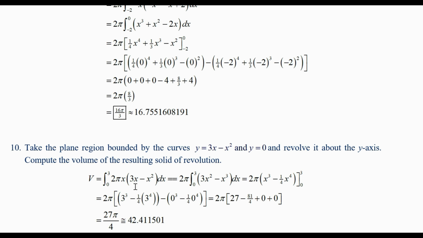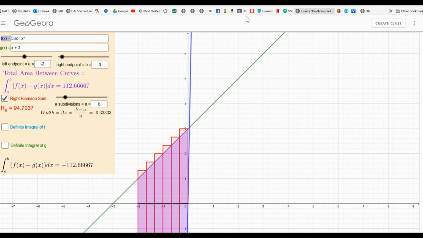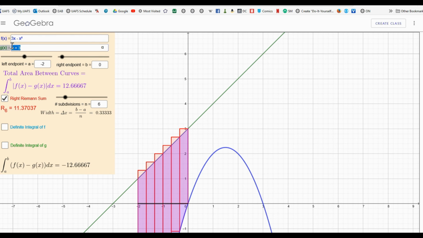Okay, if we go to this app here of mine, I can illustrate this with some of the strips on here too. And this is the x-axis here, so this is just 0.